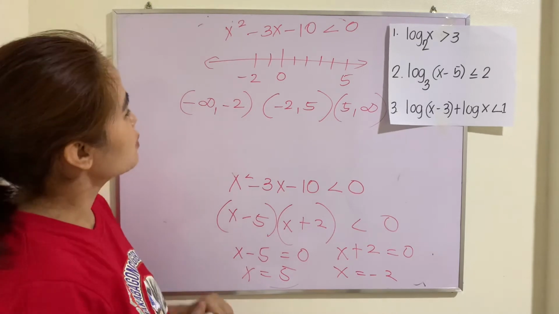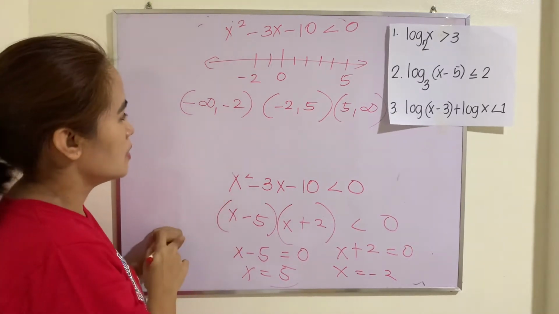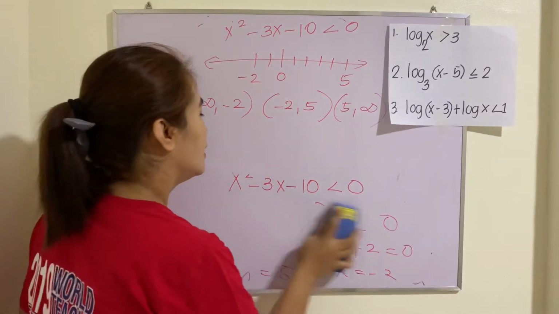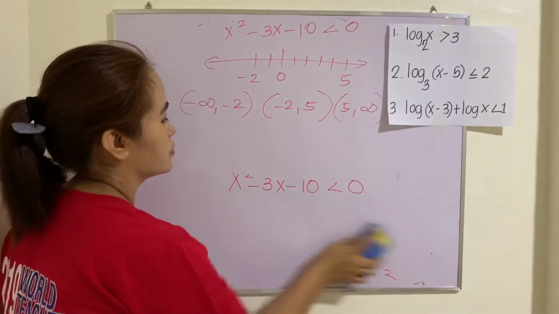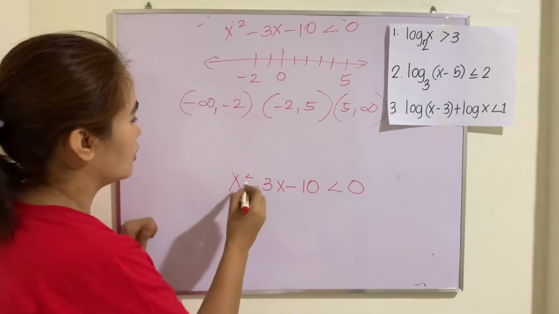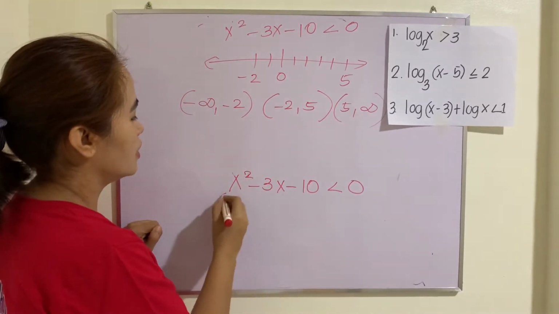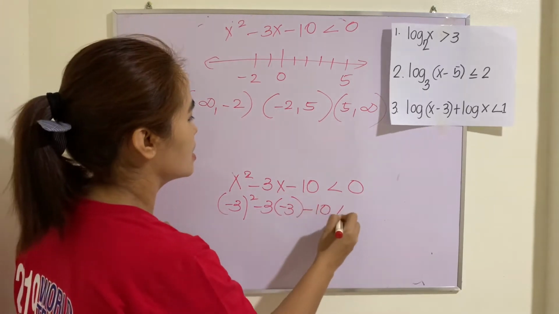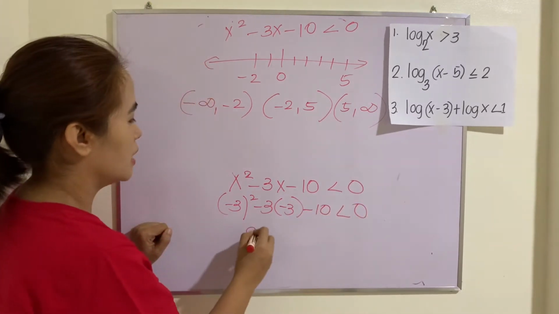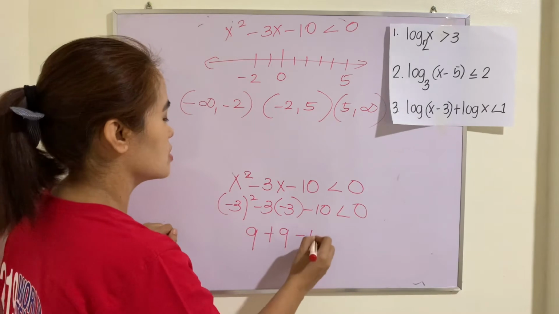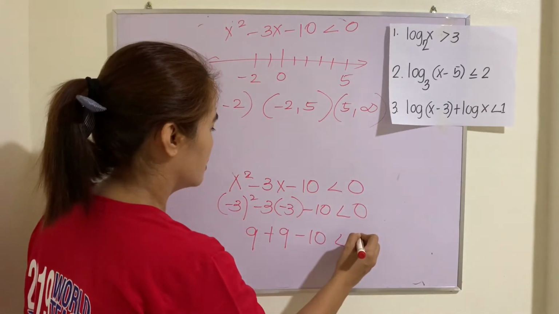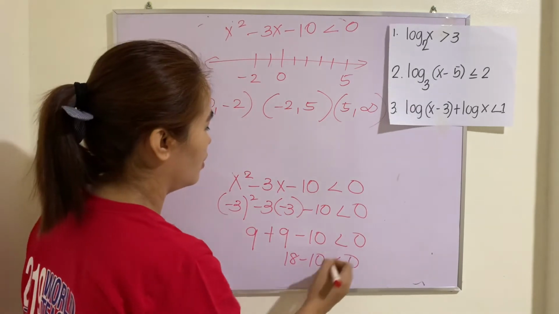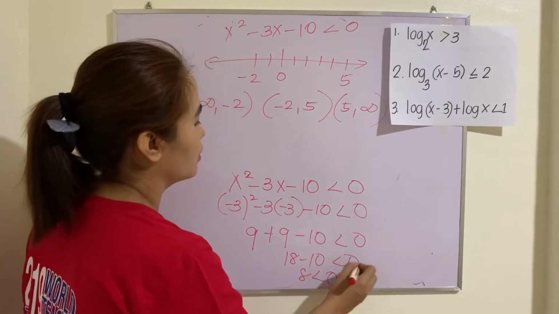Let's get test points from here. So it's less than negative 2. Let us try negative 3. So that will be negative 3 squared minus 3 times negative 3 minus 10 is less than 0. This will be 9 plus 9 minus 10 is less than 0. So this is 18 minus 10 is less than 0. 8 is less than 0. This one is false.